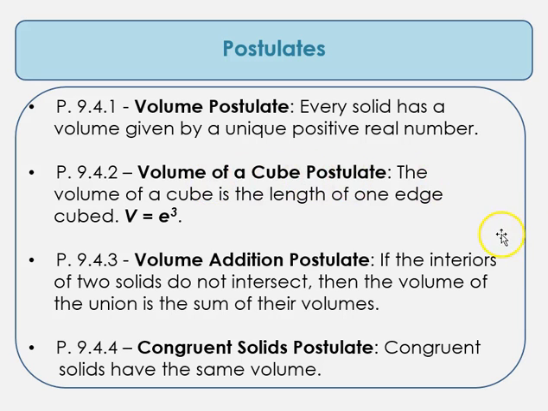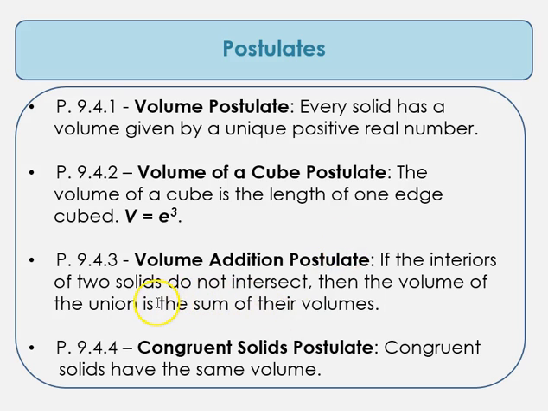The volume of a cube is the length of one edge cubed. So, volume equals the length of the edge to the third power. Remember, this is cubes, so we have the base, the height, and the inside that we're discovering. For area, we just had the base and the height, so area would have been squared. All of our volume postulates and theorems, formulas that we'll use, deal with cubed.